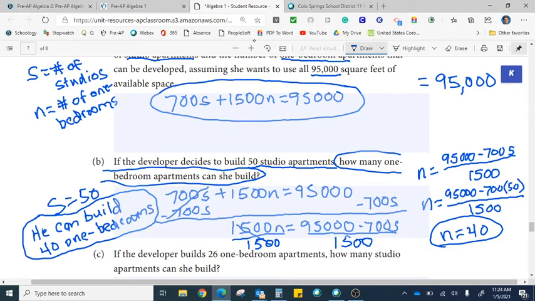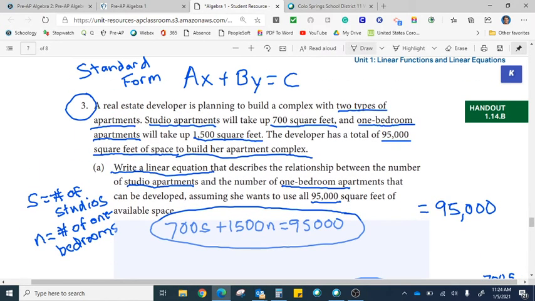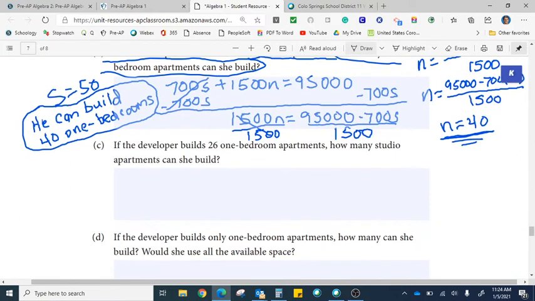I circle it because I want the answer to be very clear. That's my answer right there. The problem just says real estate developer, so he or she, either one.